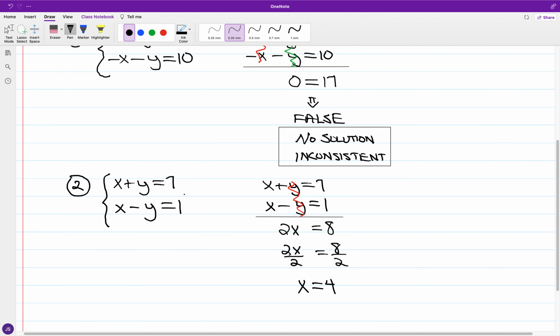If we look at solving for y, I can plug in 4 for x into either equation. I'll just plug in for x in the first: x plus y is equal to 7, and again we have that x is equal to 4.